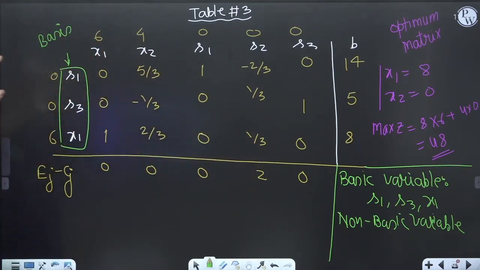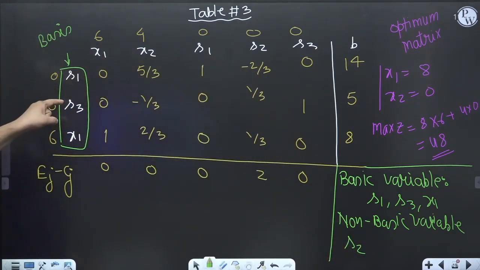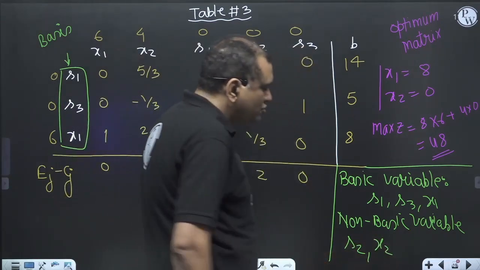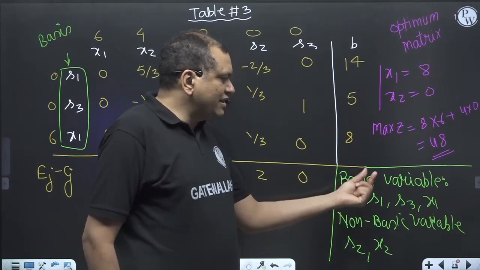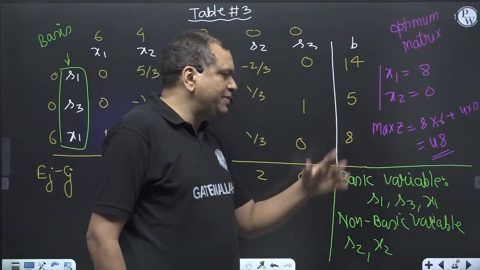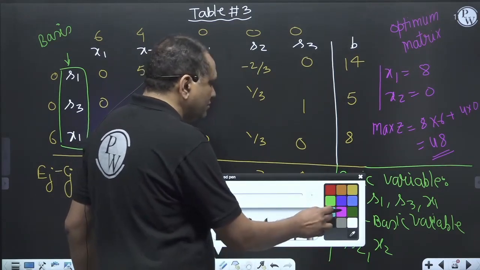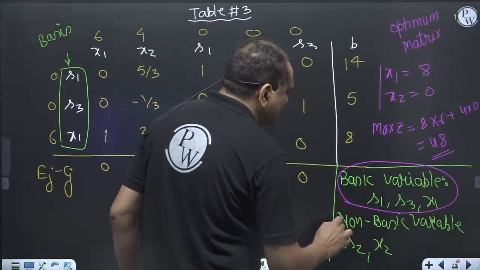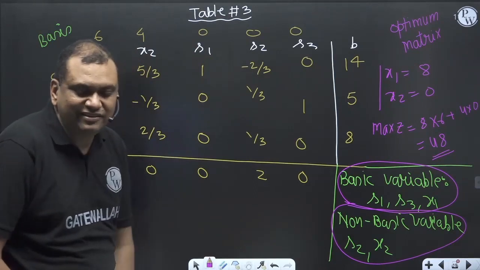Basic variable understood na? For example, S2. S2 is not present here, na? X2 is not present. So S2 and X2 are non-basic variables. S1, S3 and X1 are basic variables. Basic variables and non-basic variables. Okay, na? This is clear?